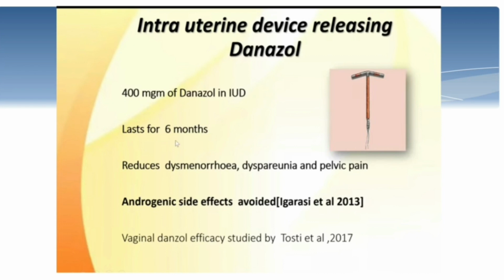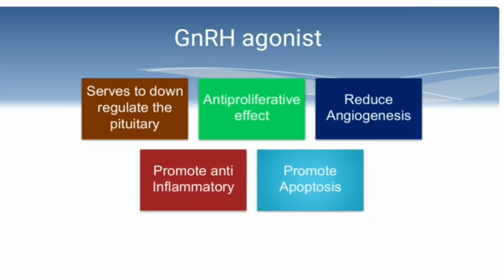Now another device, used only in Japan, and there is some research about an intrauterine device releasing danazol. We use 400 microgram of danazol in the intrauterine device. It lasts for 6 months. It reduces dysmenorrhea, dyspareunia, and pelvic pain, and androgenic side effects are avoided.